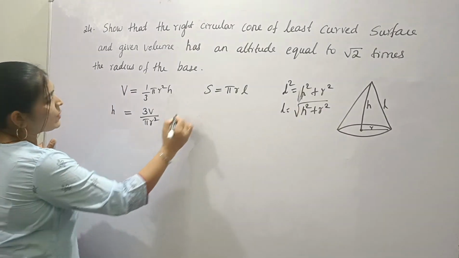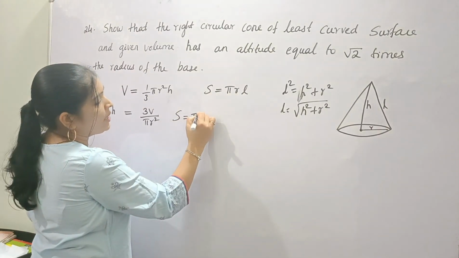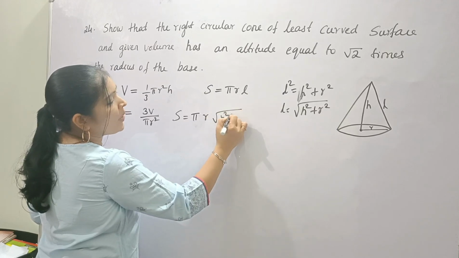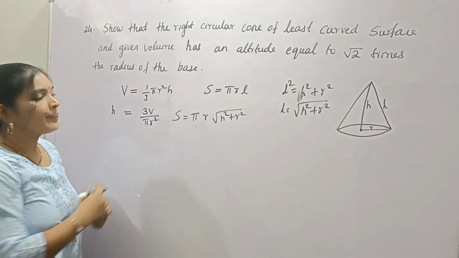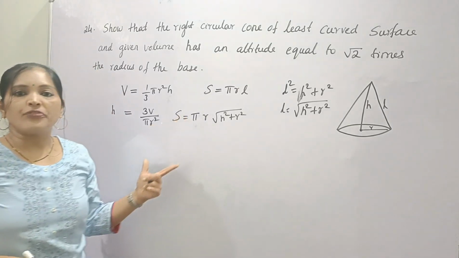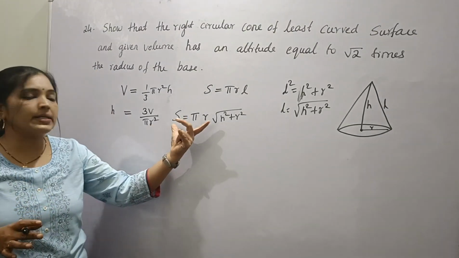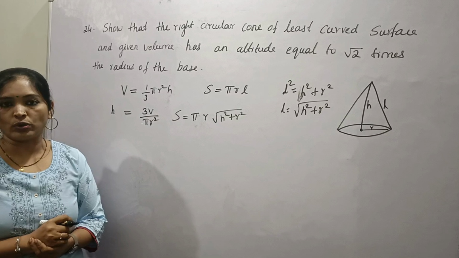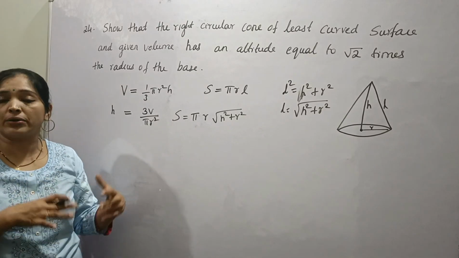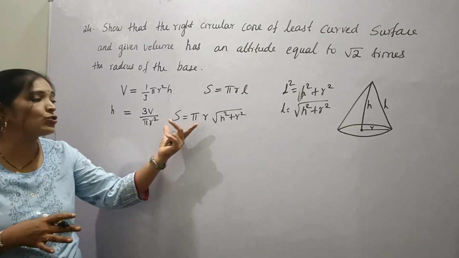Okay, so S is equal to π into r into root of h² plus r². That is equal to, see here what is our function? Our function is that is S, right? Curved surface area of the cone. So here we have to find the derivative of this one, right?